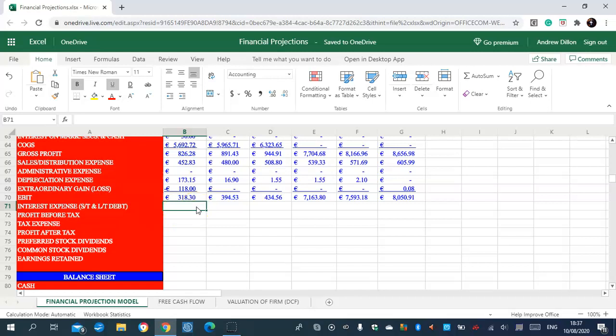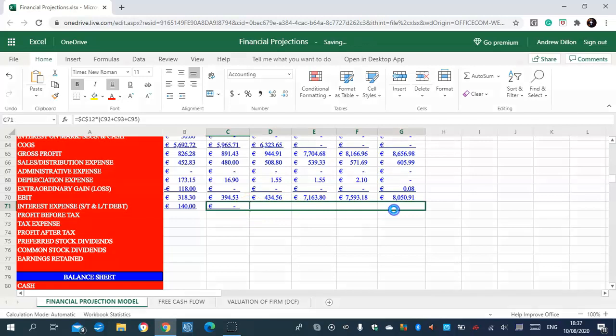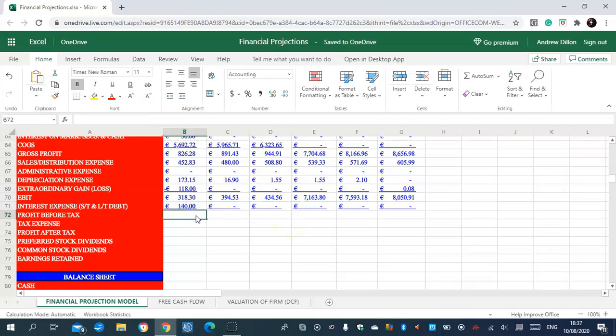Okay, that's the next section. Okay, next one is profit before tax.